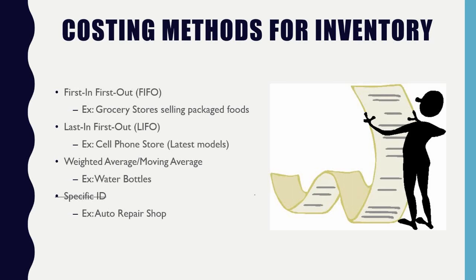Yesterday we looked at FIFO, and we understood FIFO was the first in, or first out. I used grocery stores as an example because when you're buying perishable goods or things that have expiration dates, you want to make sure that you sell out your first batch.